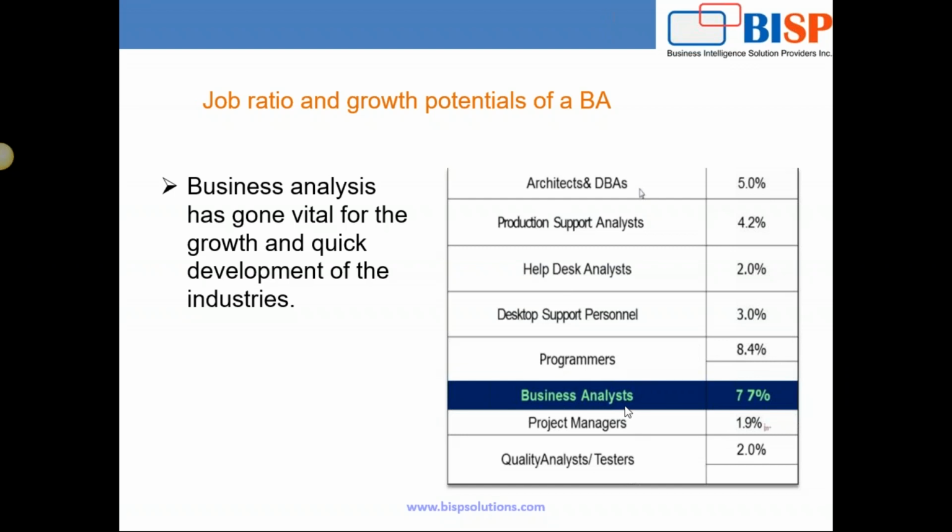Compared to any other job role, the business analysis ratio is higher. The advantage of business analysis is that a BA can work in other domains as well. So whenever we have a recession, it is not going to affect the business analyst. From this diagram, you can very well see how popular the business analysis job is, and nowadays it is actually a very demanding job. Employees are looking for a career in business analysis.